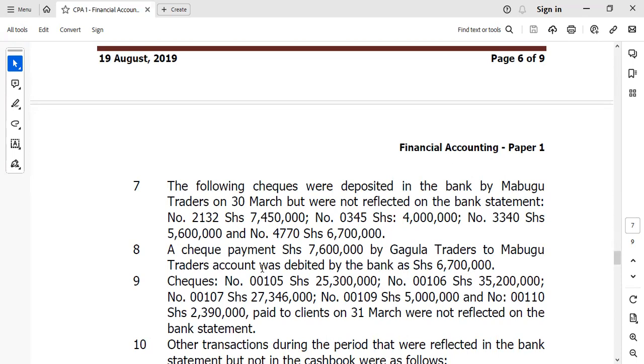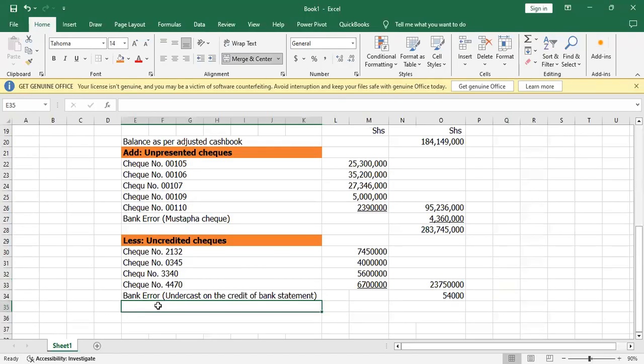When you add the two, this gives us 14,300,000. So this is another bank error.